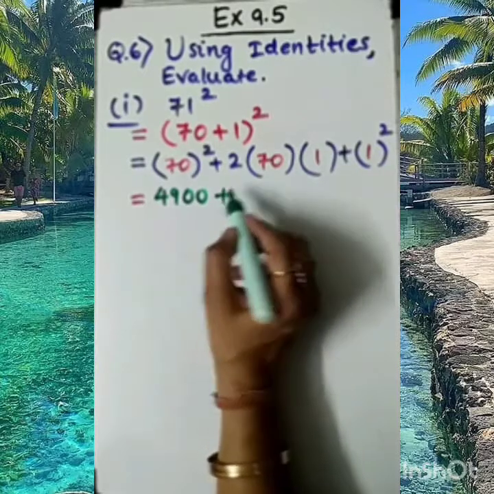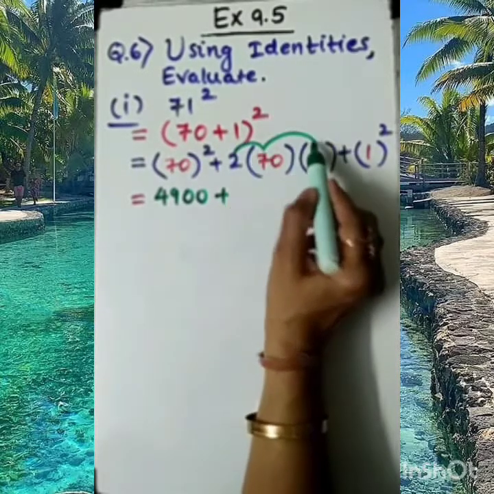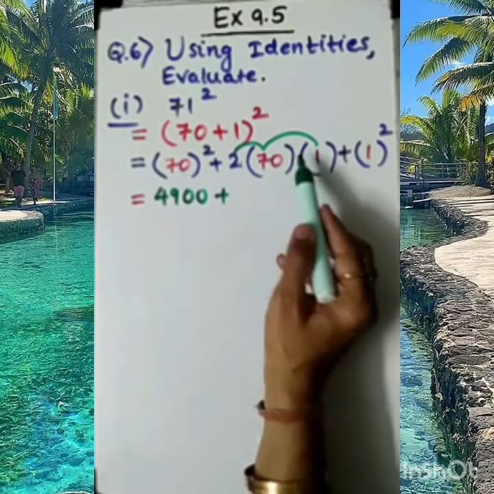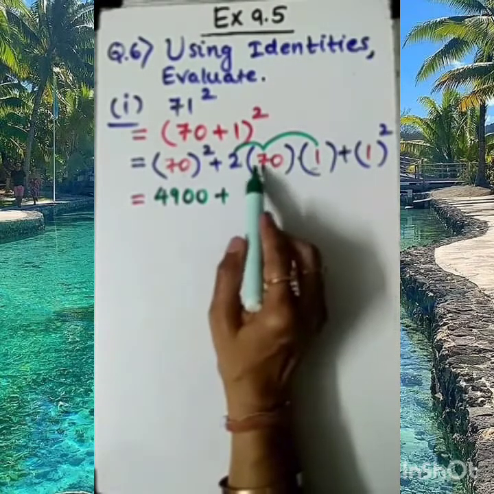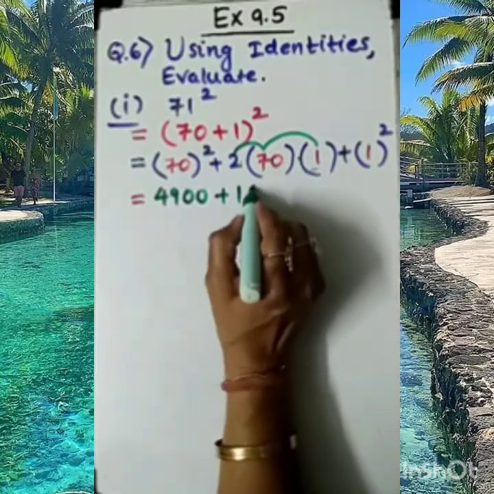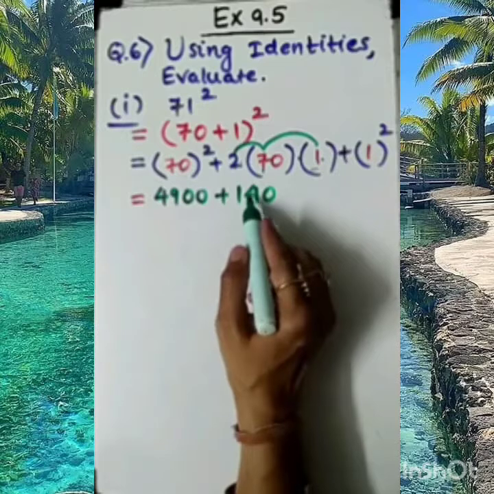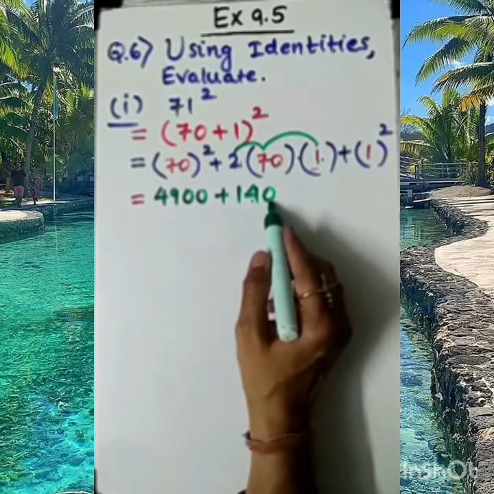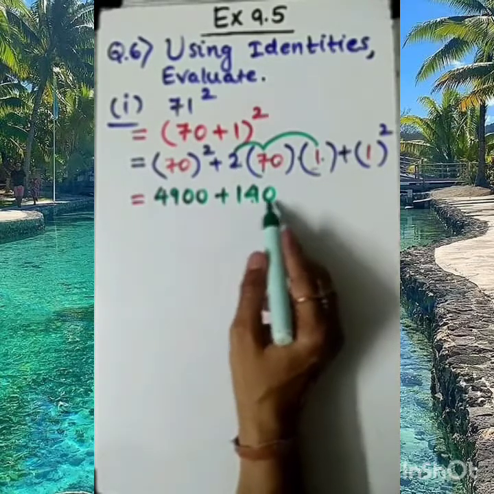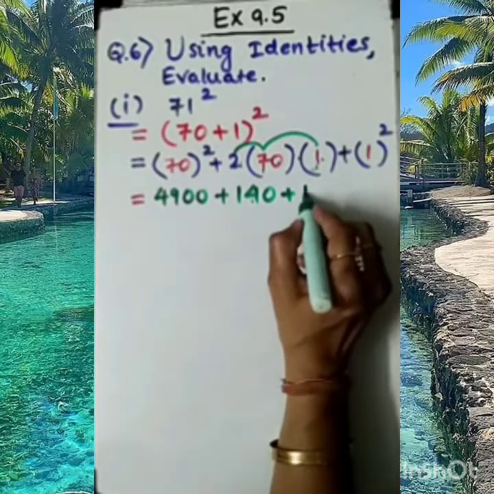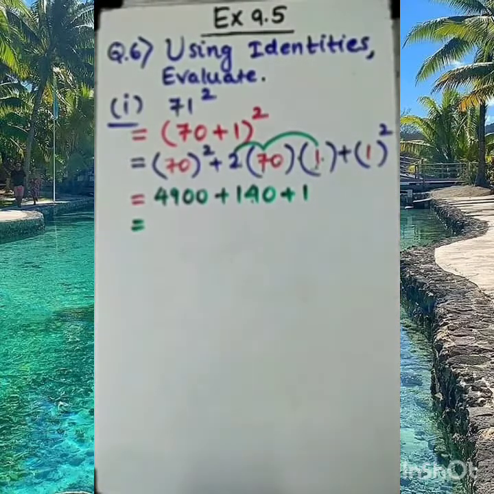Next, these three terms are always in product, you know. There is a multiplication sign among them. So 7 twos are 14, and along with this 0, 140. 140 into 1 is 140. What about 1 square? 1 square will be 1. Fine, so let's work out the addition.